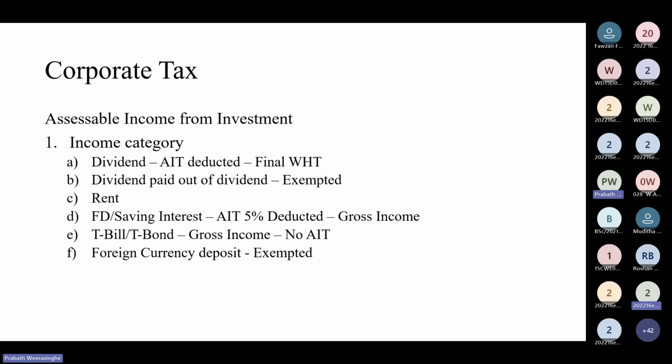Okay, that means only treasury bills and bonds should not be taken in that scenario, right? Yes, there is no withholding tax or advance income tax on treasury bills and treasury bonds. Okay, sir. Thank you.